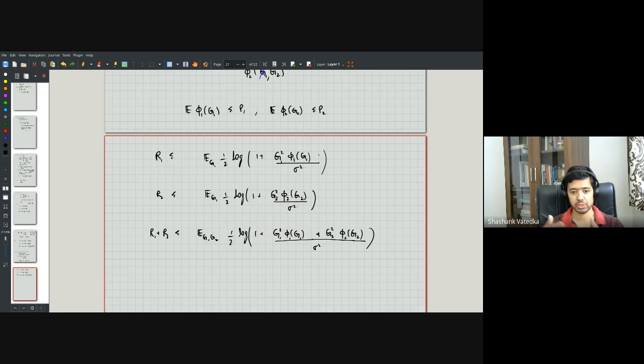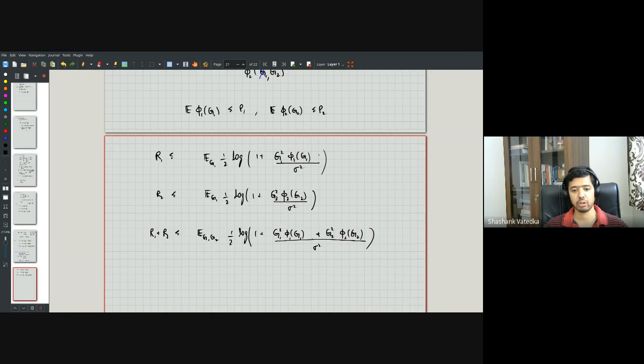So what some people do is that even if you have a channel with memory, you somehow try to convert it into a memoryless channel by maybe coding over blocks where each block is sort of independent of each other, and then try to apply the same approach, right?